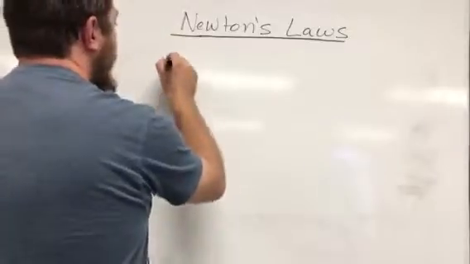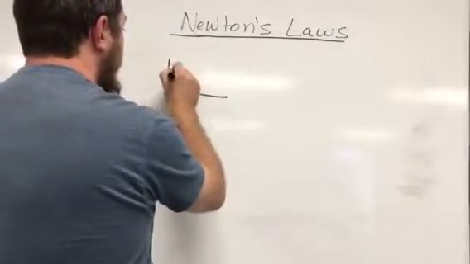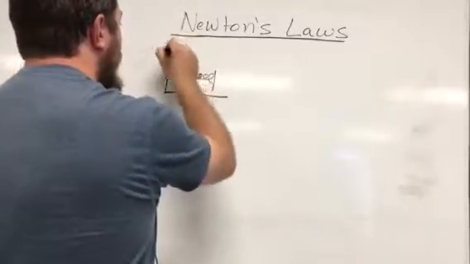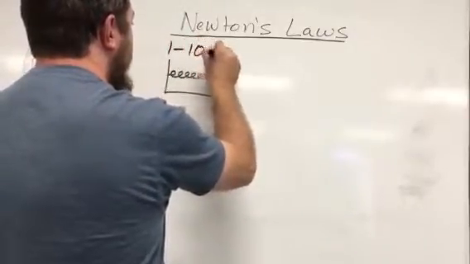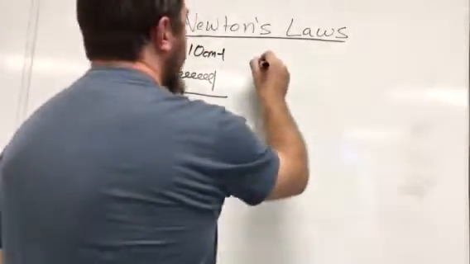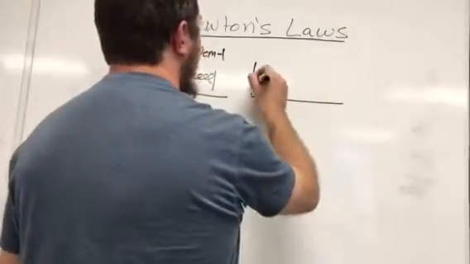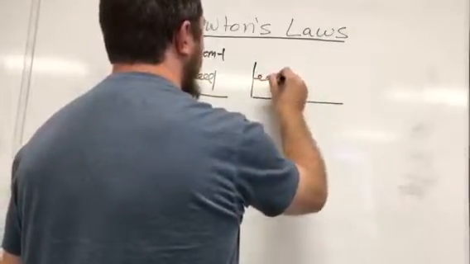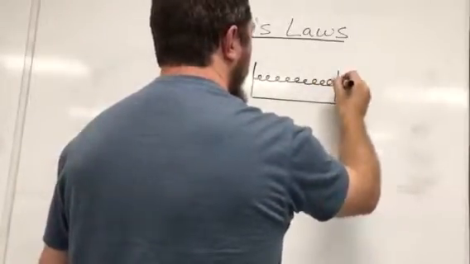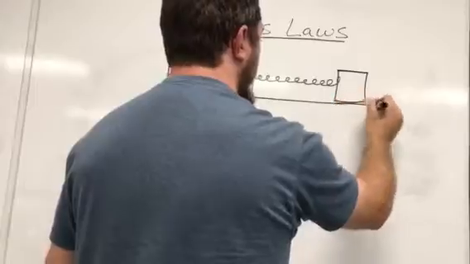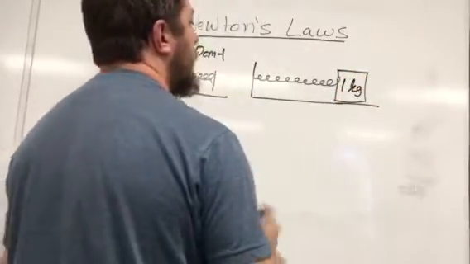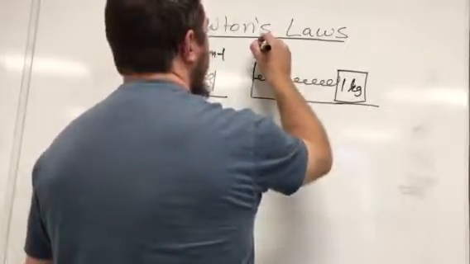And let's say that I have a spring whose unstretched length is 10 centimeters. All right? Its unstretched length is 10 centimeters. And then I attach a mass of, let's just say, 1 kilogram to the spring, and I stretch it.